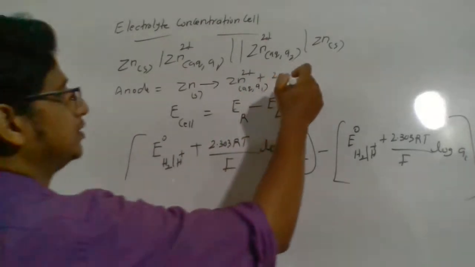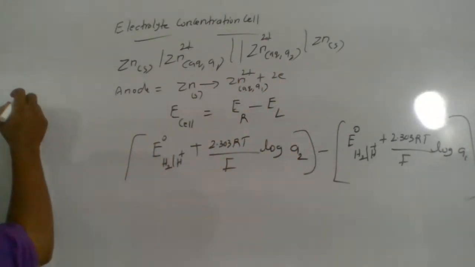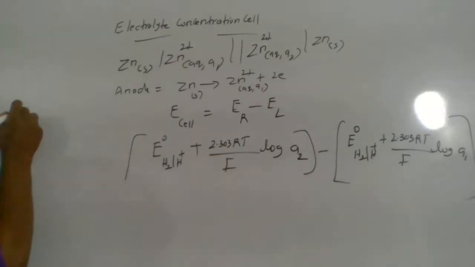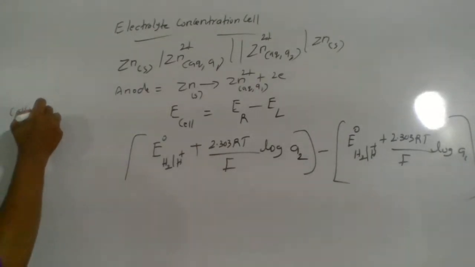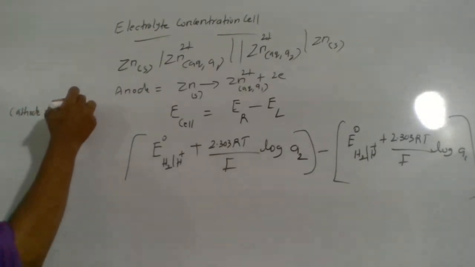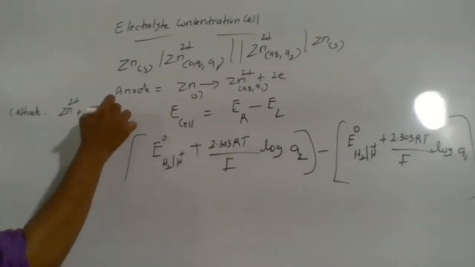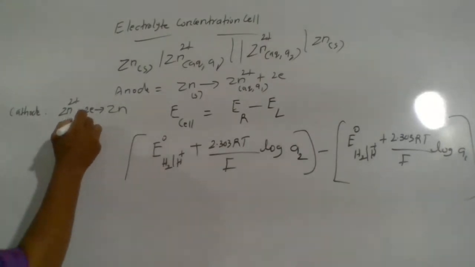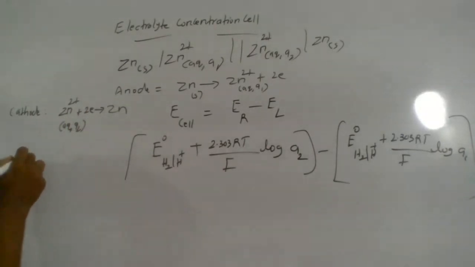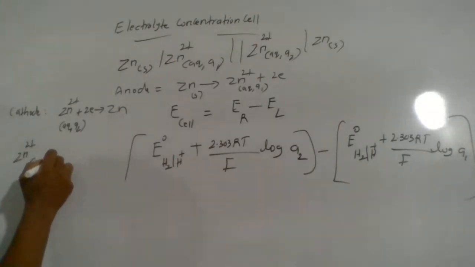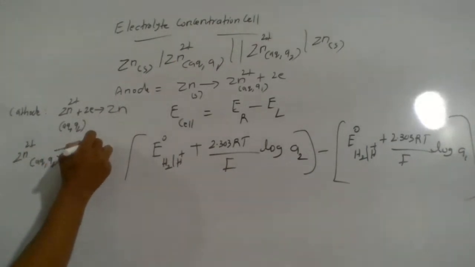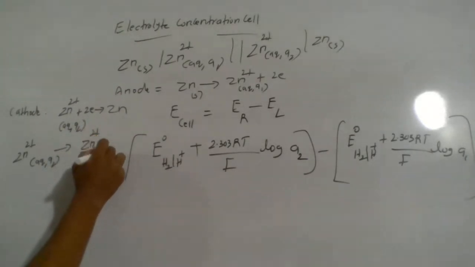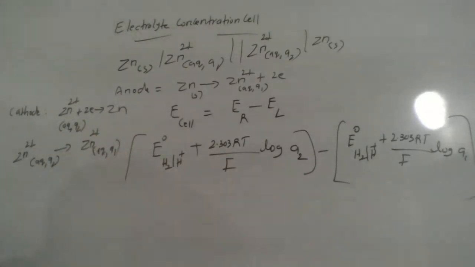At cathode, Zn2 plus plus 2 electrons gives Zn. So here it is A1, here it will be A2. So the overall reaction you can write similarly: Zn2 plus aqueous A2 gives Zn2 plus aqueous A1. This is the way you can represent the overall reaction.